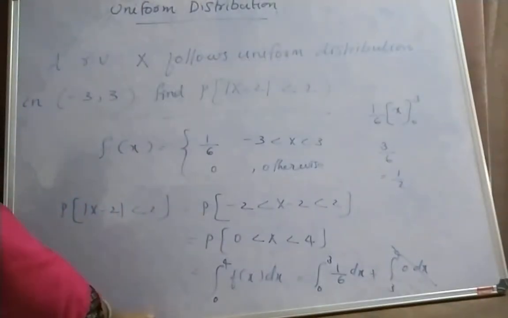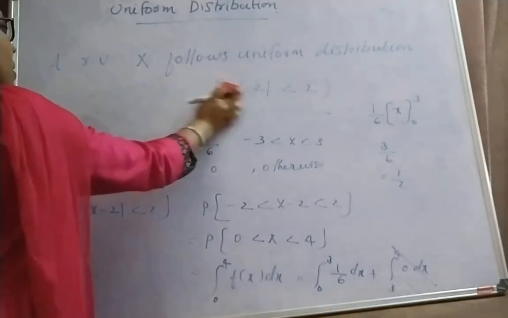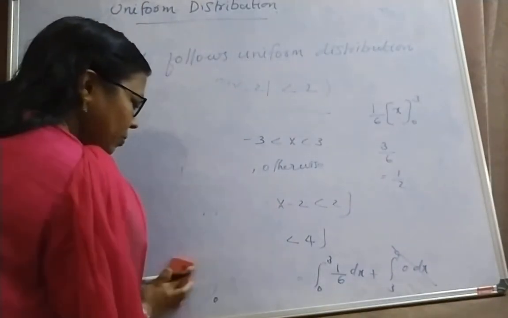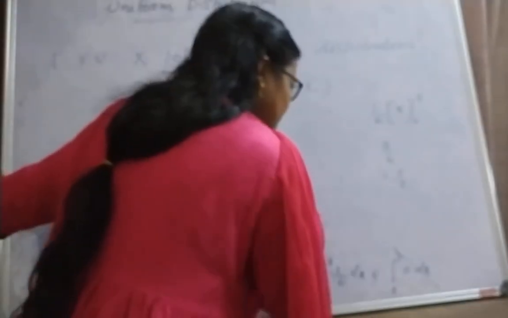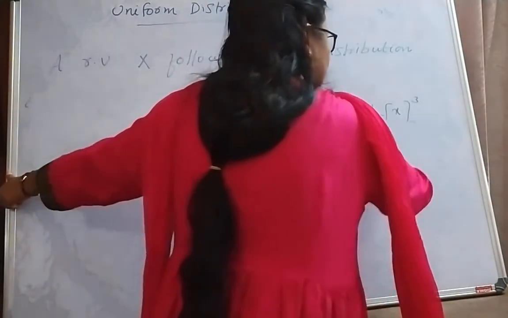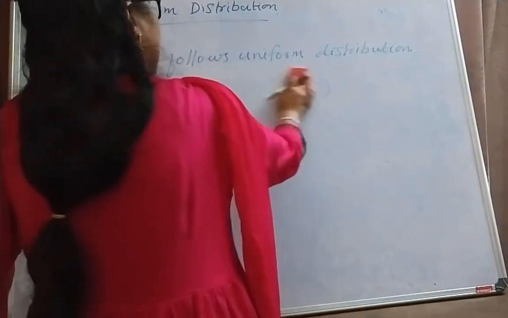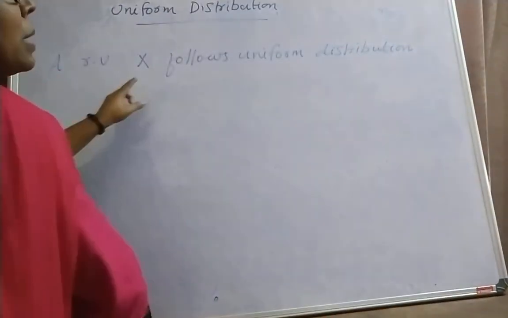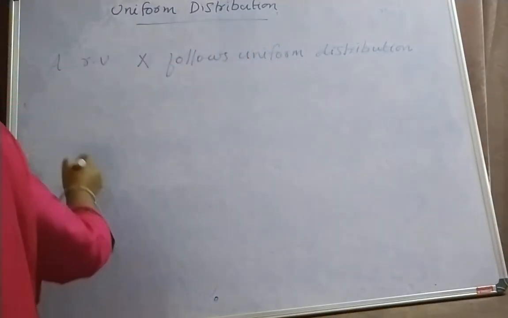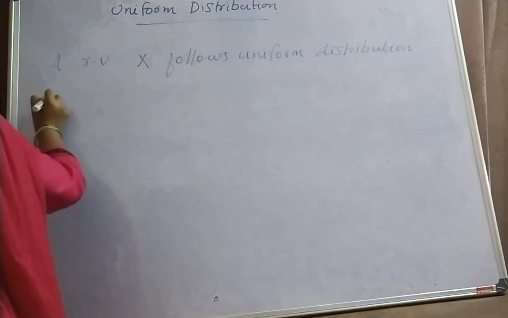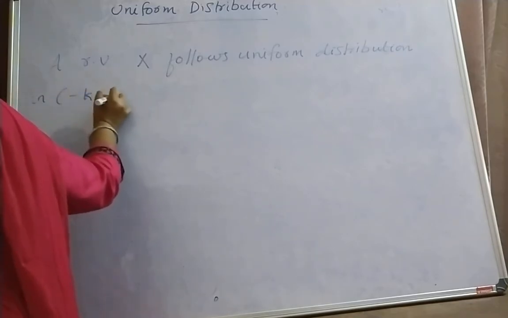Then another simple problem. A random variable x follows a uniform distribution in minus k comma k.